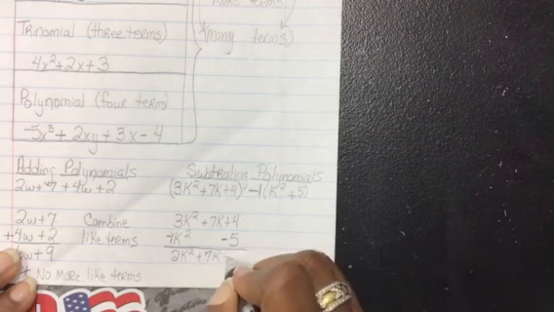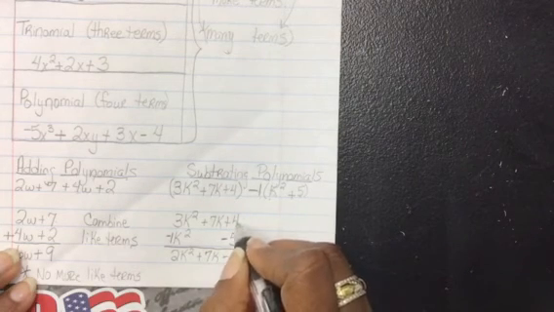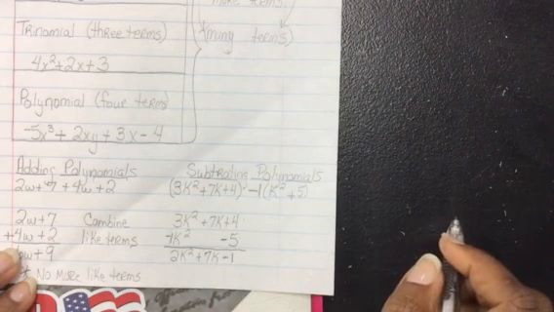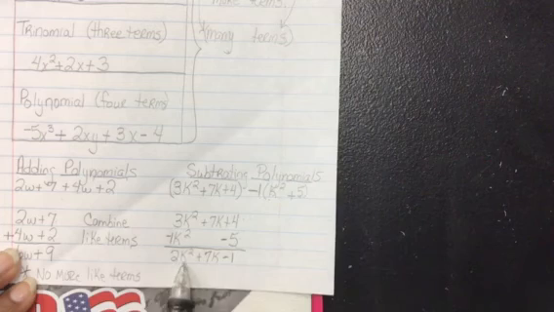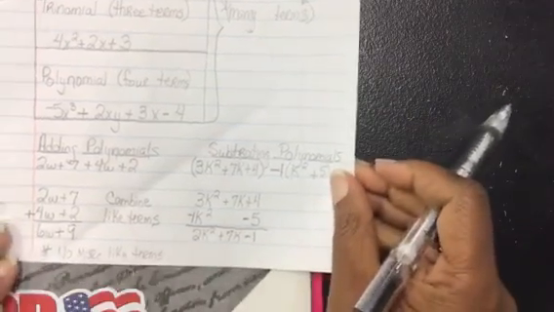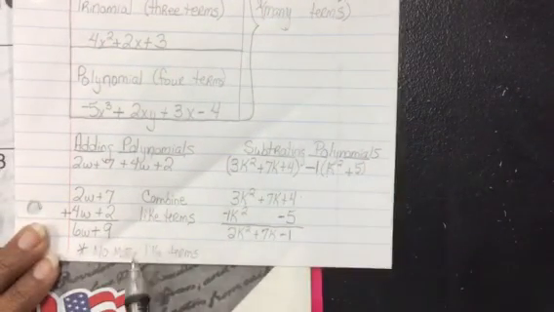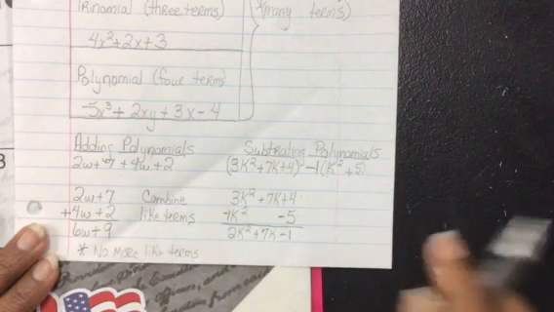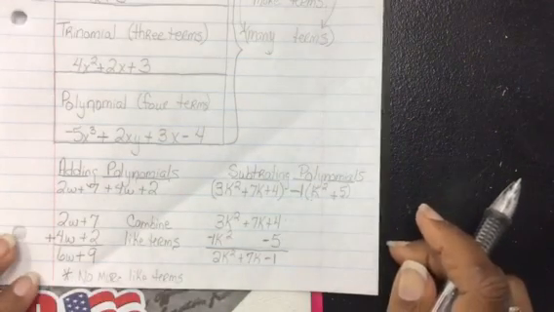And I would combine my positive 4 with my negative 5 to give me negative 1. Is my polynomial or trinomial simplified? Yes, because there are no more like terms. Now we're going to practice adding and subtracting polynomials.